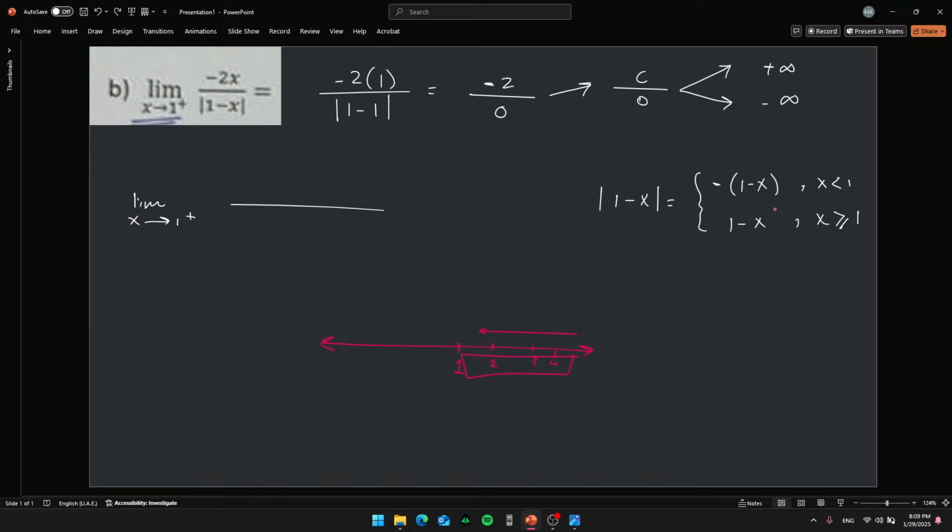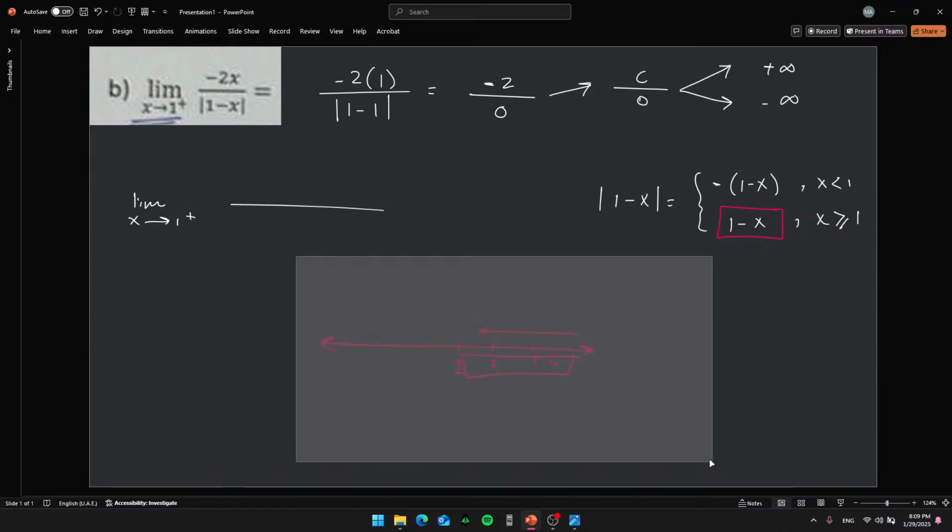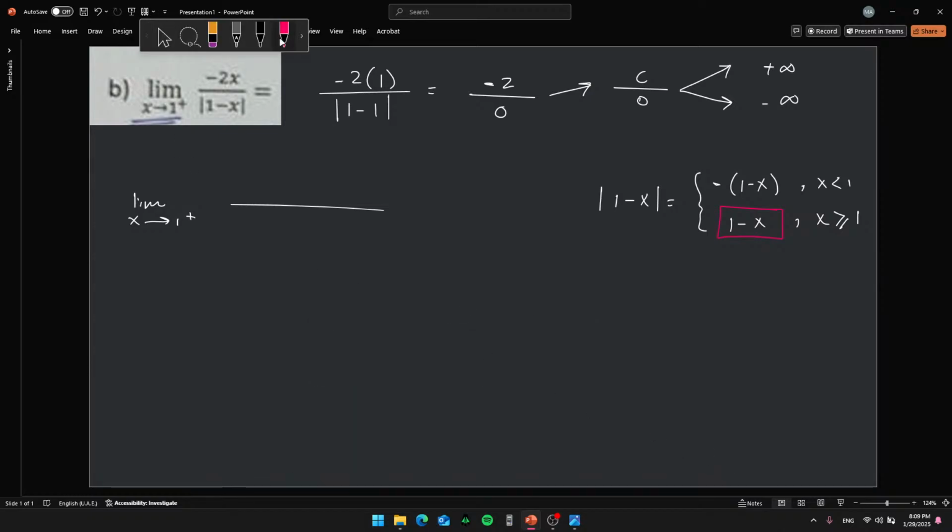So I will choose the bottom function, and I'm going to substitute it instead of the absolute value function. So instead of writing absolute value of 1 minus x, I'm going to substitute it with 1 minus x, because I'm approaching 1 from the right, and 1 from the right means x is greater than or equal to 1. And for the numerator, it's negative 2x.